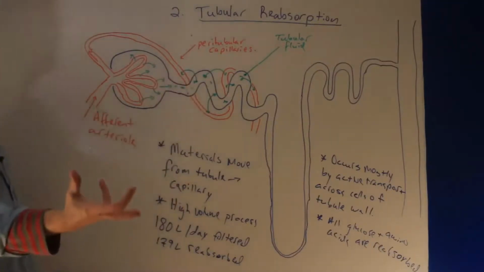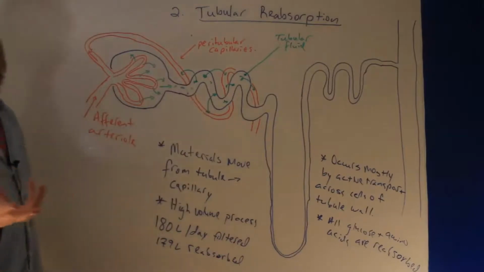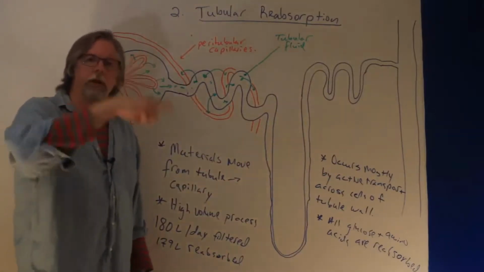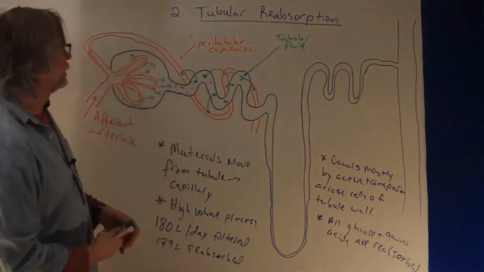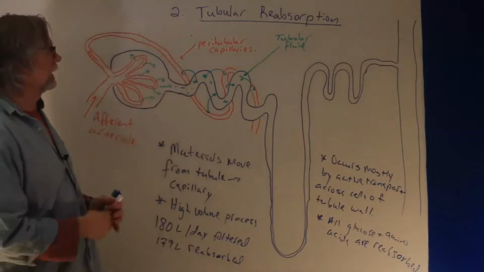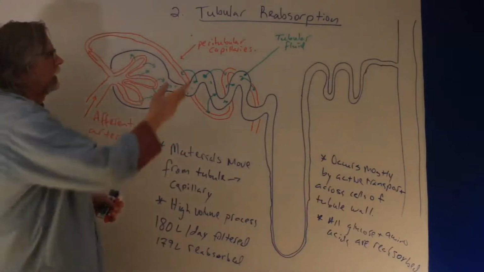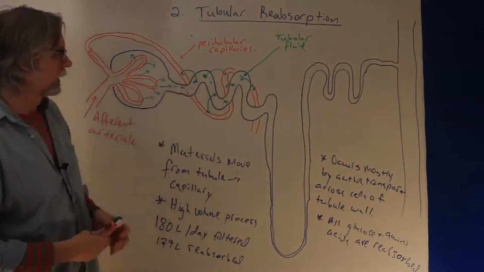Okay? So you have to move these molecules across 2 plasma membranes, the membrane on the luminal side and the membrane on the outside of the tubule. And then once it's out, it can enter into the interstitial space and enter into these capillaries.